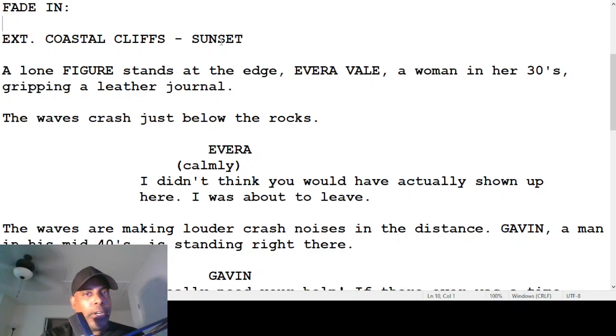So lone figure introduced at the edge, Vera Vale, a woman in her 30s, gripping a leather journal. Pretty cool. That's a good little vision there. I can envision that already on the screen for some of you, and even for the actors and so on. It's pretty cool how it all comes together.